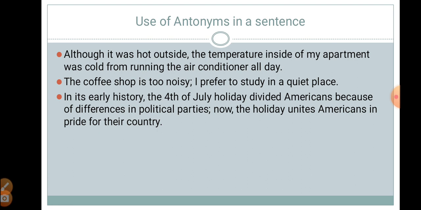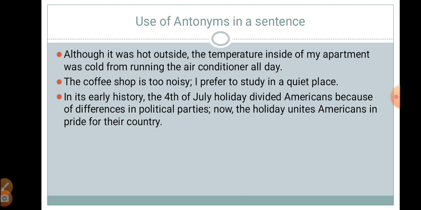So you see the two things. I don't want to stay in the coffee shop because it is too noisy. There are many people there. Then I prefer to study in a quiet place. I can study anywhere if it is quiet, but I don't want a noisy area. These are the two direct opposite antonyms.